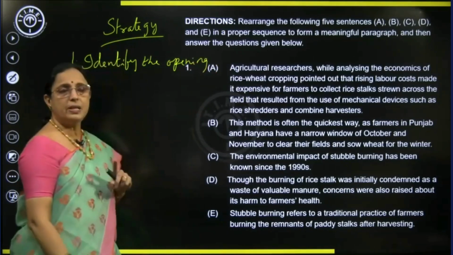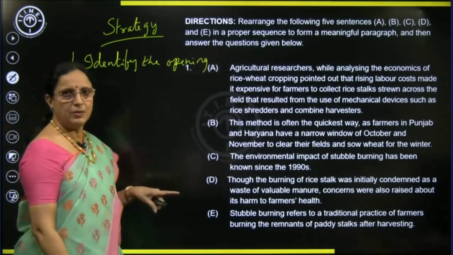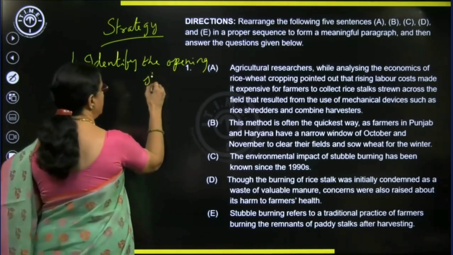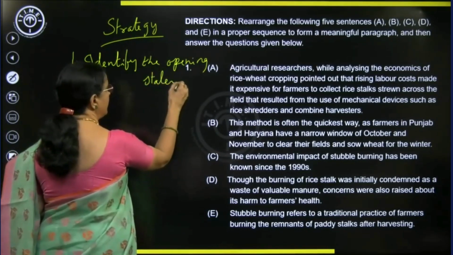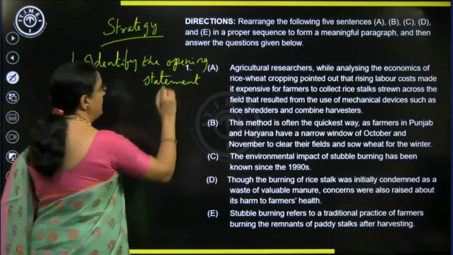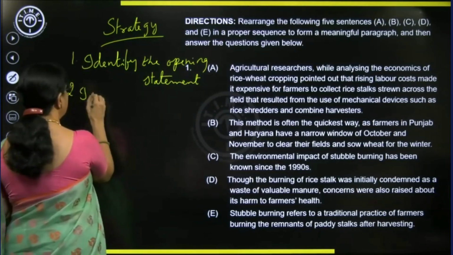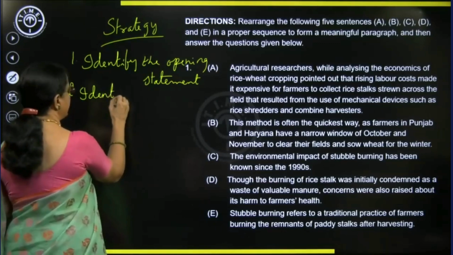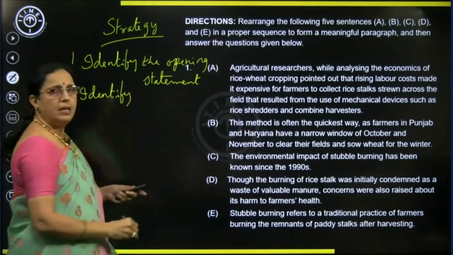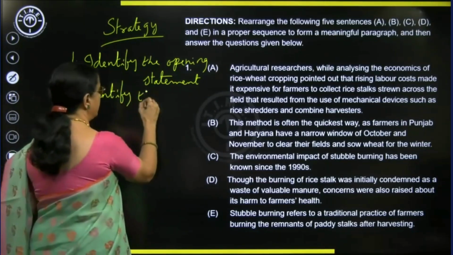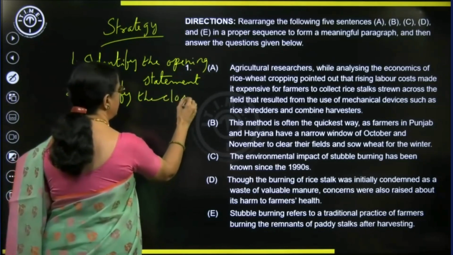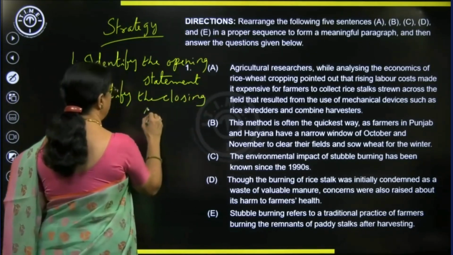Majority of the opening statements are general statements. A statement which introduces the topic is the opening statement. Then, identify the closing statement, or say the first statement or last statement also we can take.